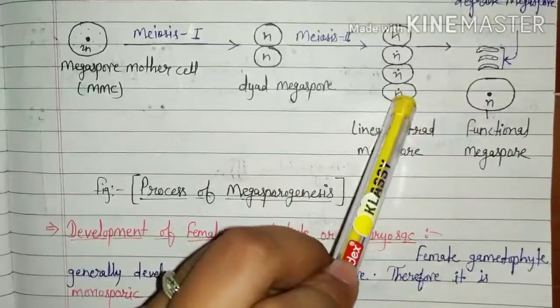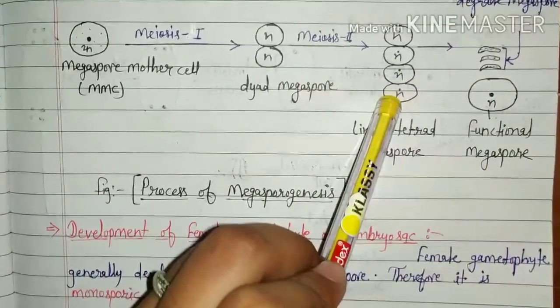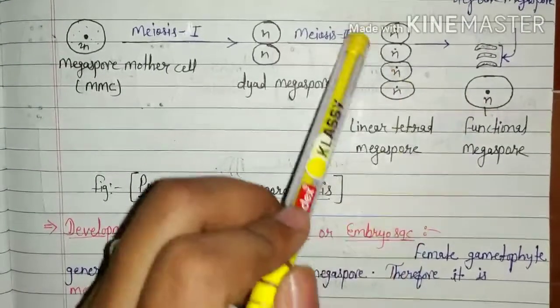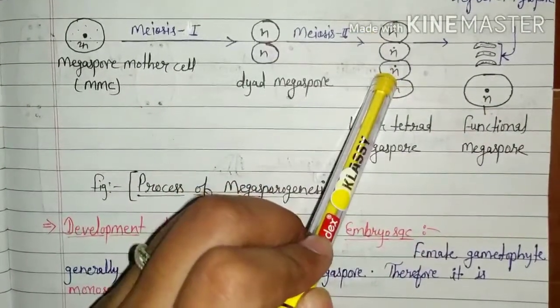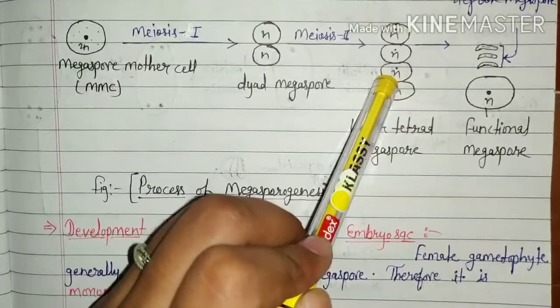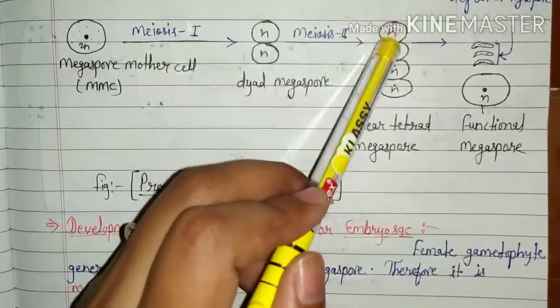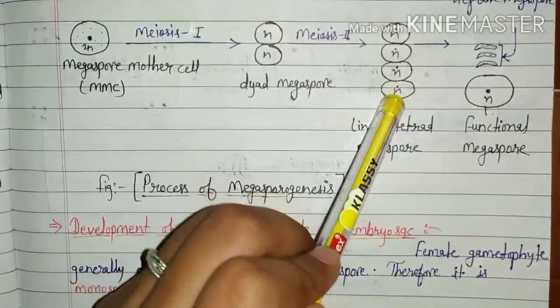Only the lowermost megaspore is functional. The remaining 3 megaspores degenerate and their cytoplasmic content is consumed by the functional megaspore.